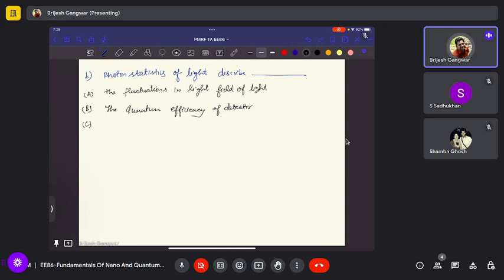C is the fluctuation of photon number per unit time interval. And D is the photon intensity of the light beam.